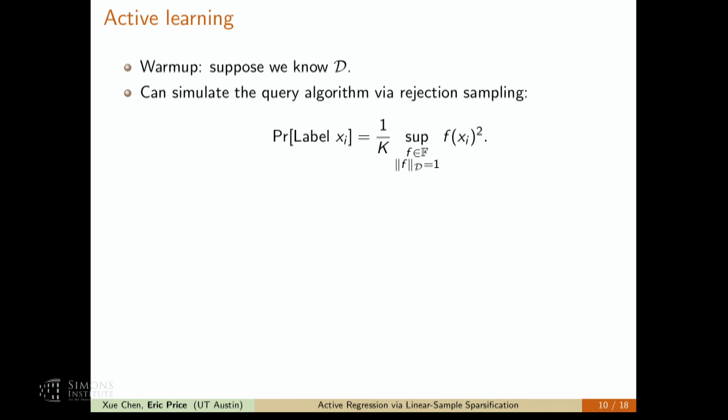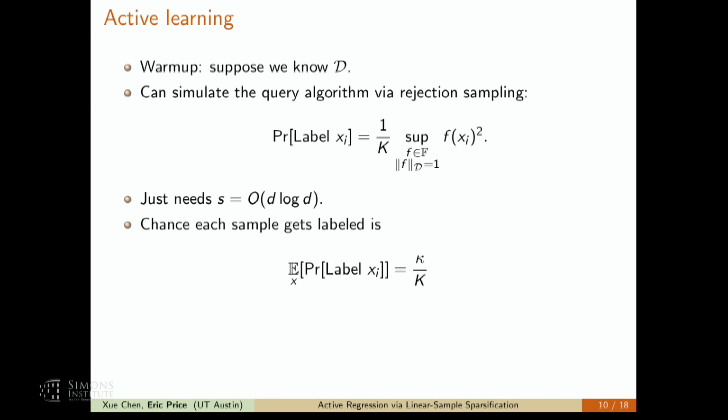And so now, when we do this, the number of labeled samples we're going to need is just d log d, because we're now getting our labeled examples exactly from the distribution we wanted for the query algorithm. Then the question is, how many unlabeled examples do we need in order to get the number of labeled examples we need? If you think about any example coming in, what is the probability that it is going to be labeled? It's the expectation over x of the probability that you're labeled.